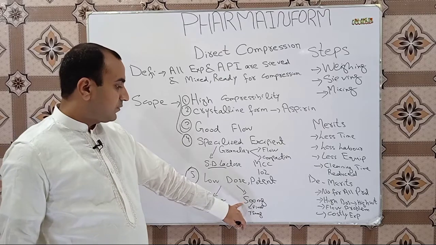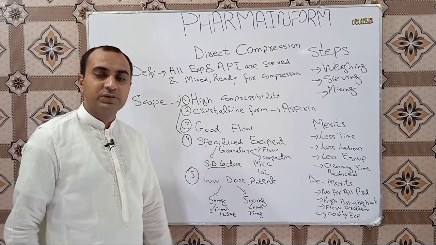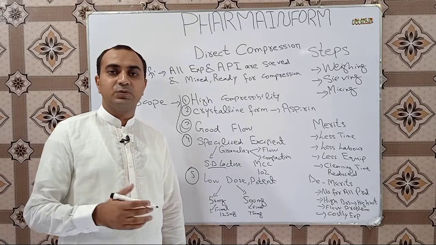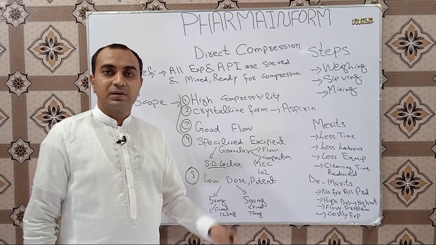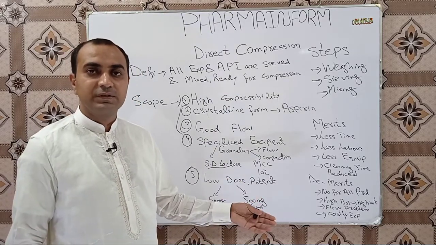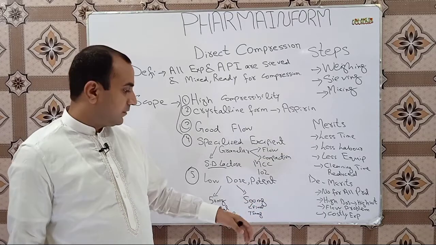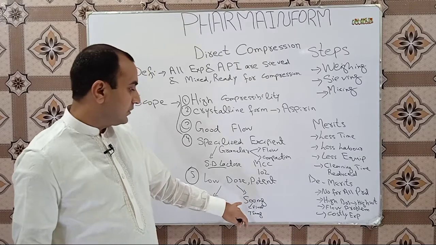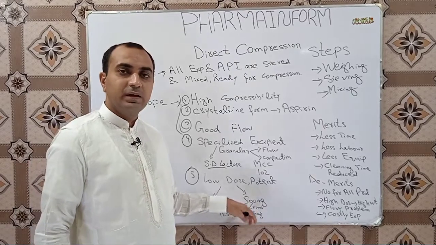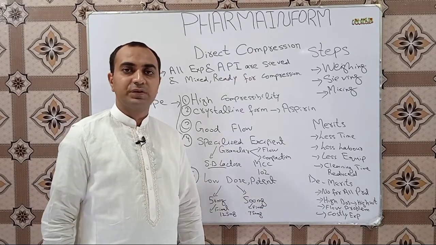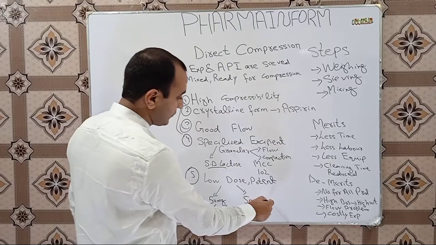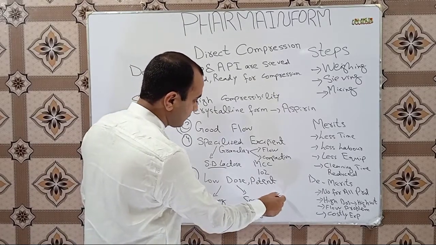But if we want to compress a higher dose like 500 milligram and our API does not have good flow properties or much compressibility, we will have to use a large quantity of excipients. Maybe it's 500 milligram or 600 milligram.